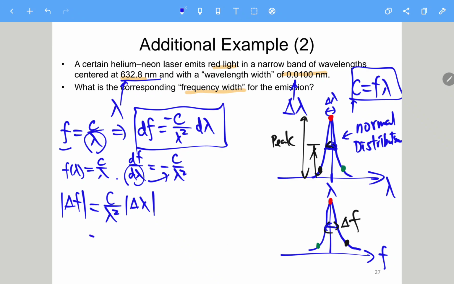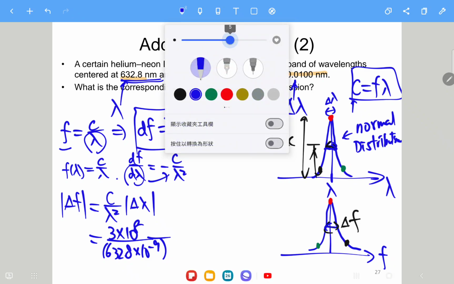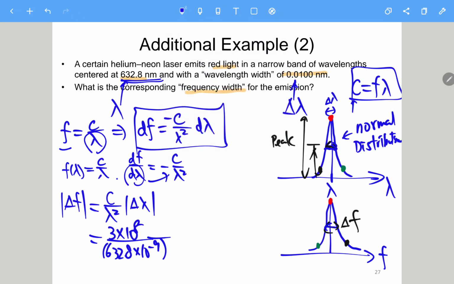Okay, so we can just plug in the numbers. We have 3 times 10 to the 8th power over lambda, which is 362.8 times 10 to the negative 9th power, and then times this wavelength width, delta lambda, which is 0.01 times 10 to the negative 9.